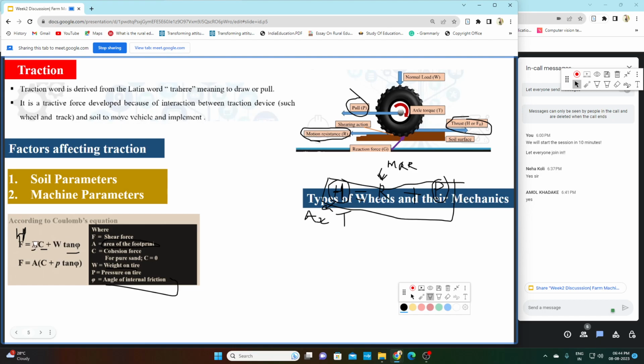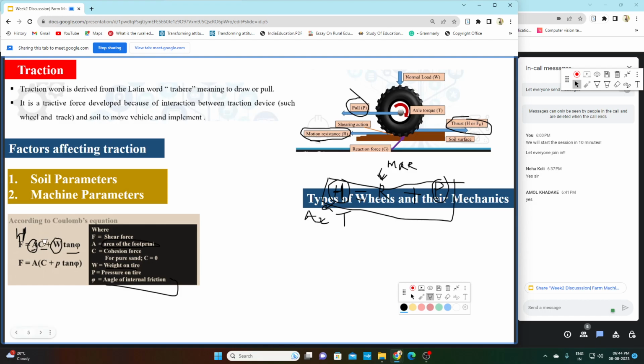Now you can see this A and W. I am marking this A and W. A is the area of the tire footprint, and W is the weight that is coming on the tire. So A and W are machine parameters. Now what about C and phi?